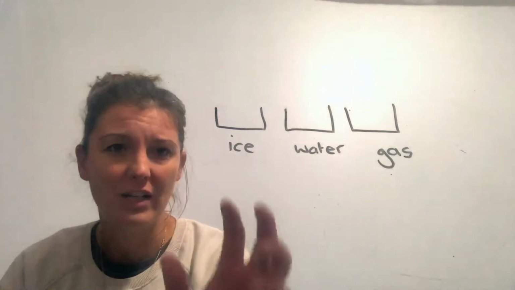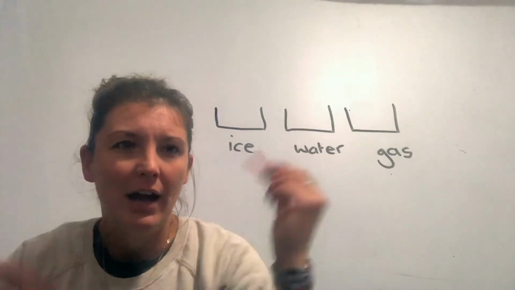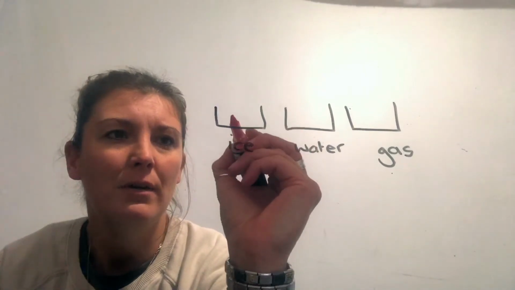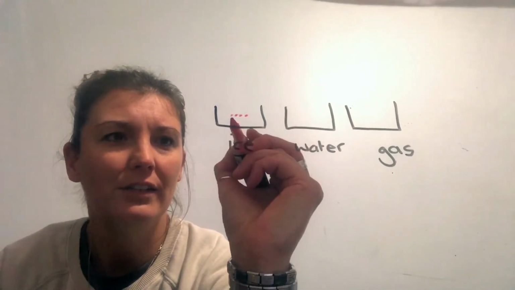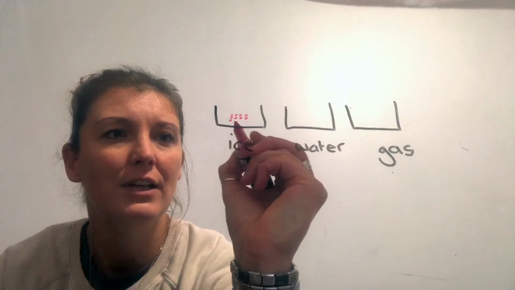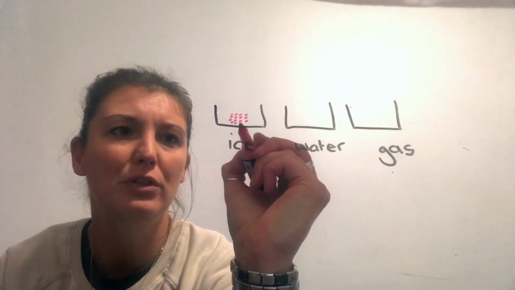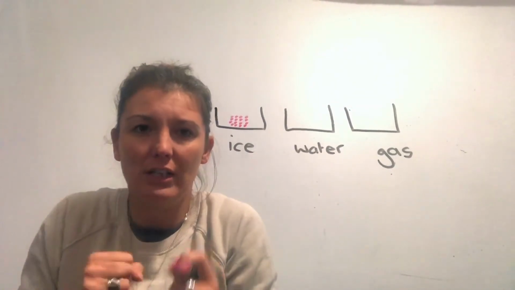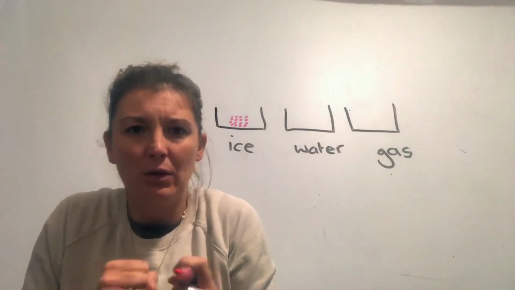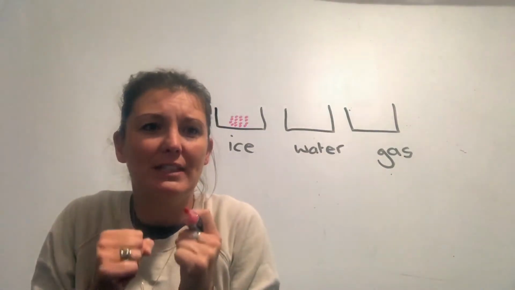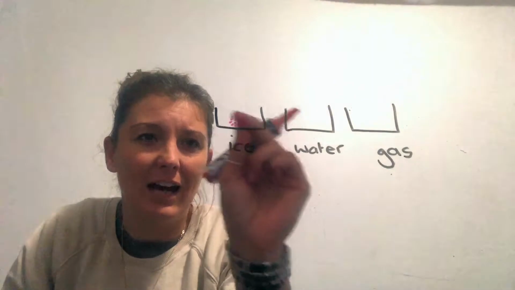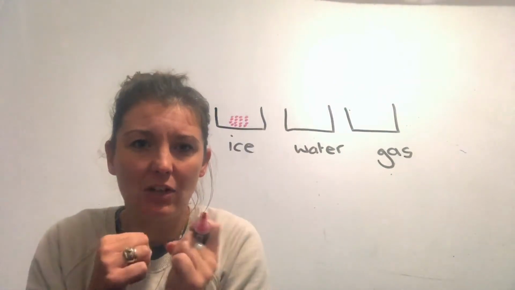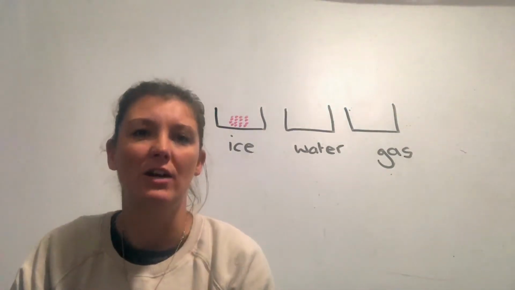So if we look at ice, that's a solid, we would see our particles very close together. They'd be moving, but they'd be moving really, really slowly. They'll just be vibrating, they won't be dancing around, they'll just be standing around, huddled together, very tightly, and only vibrating slightly.